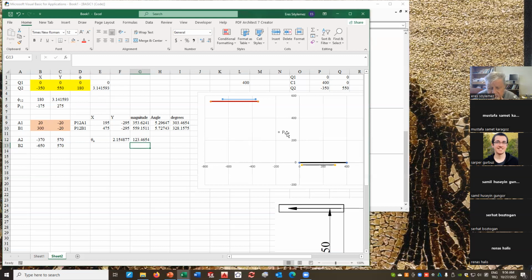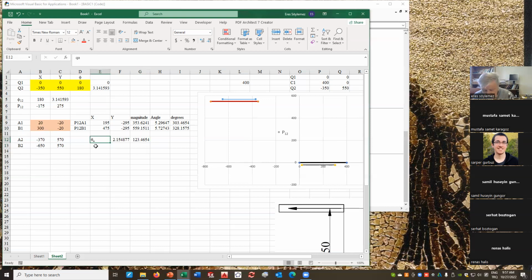Now, the perpendicular bisector is going to be perpendicular to it. So it will be either plus 123 degrees plus 90 degrees or 123 degrees minus 90 degrees. It doesn't make any difference. I'll show you that.